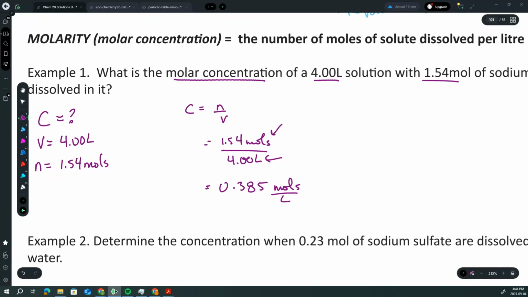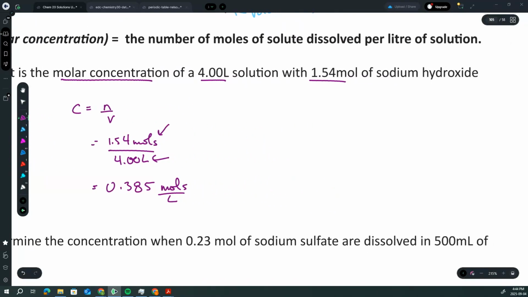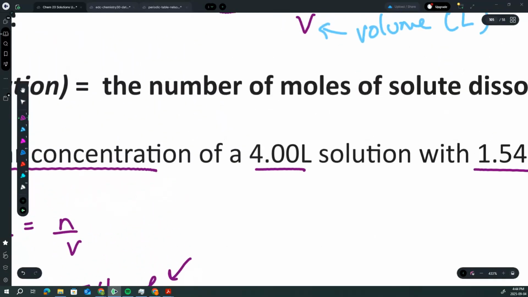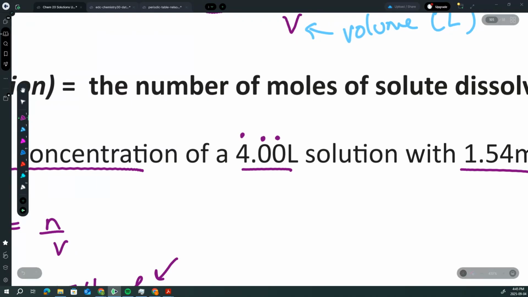And then last but not least, if we take a look at the numbers given to us in the question, both of these numbers here are in 3 significant digits. So just as a quick reminder here, trailing zeros, or zeros that come after a non-zero digit, are going to be significant. So that's why this has 3 significant digits.